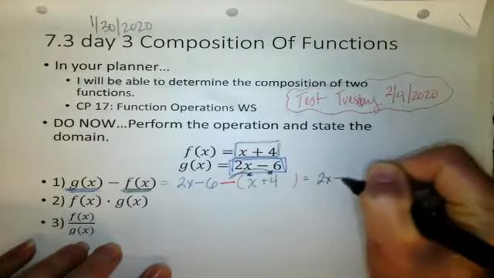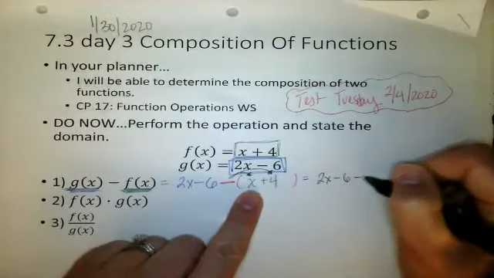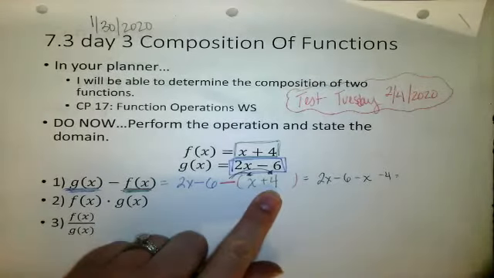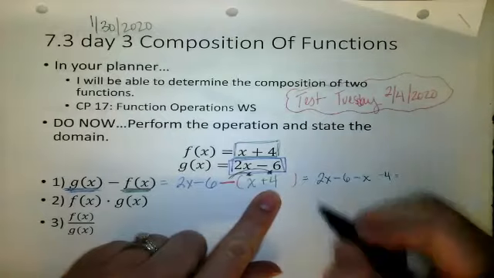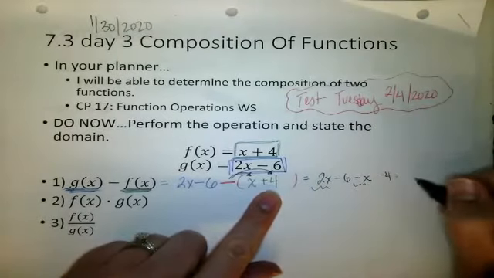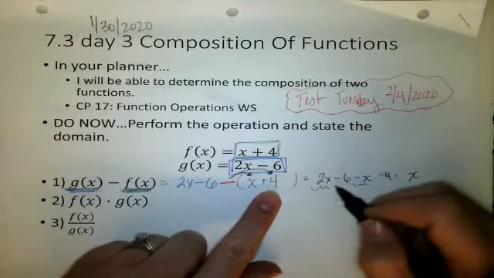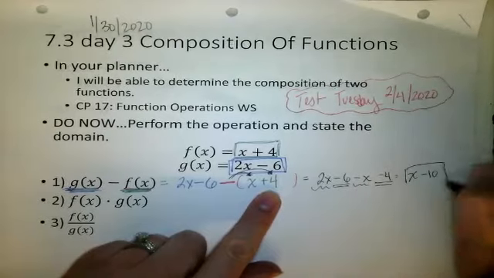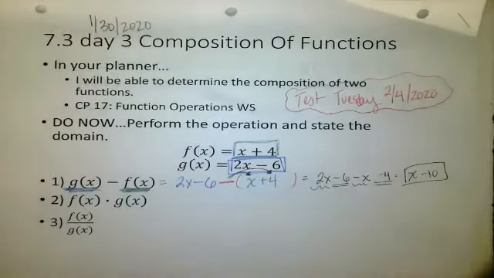So we have 2x minus 6. Negative times x is negative x. Negative times 4 is negative 4. And then it's just combine like terms. 2x's minus an x is x. And negative 6 and negative 4 makes negative 10. And there's our result in terms of x.